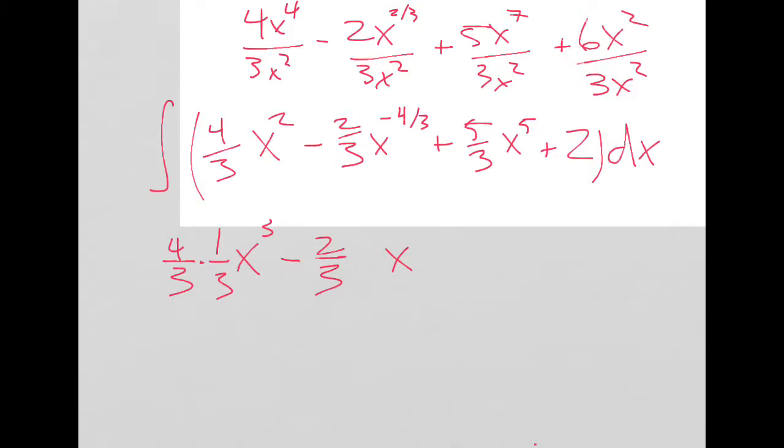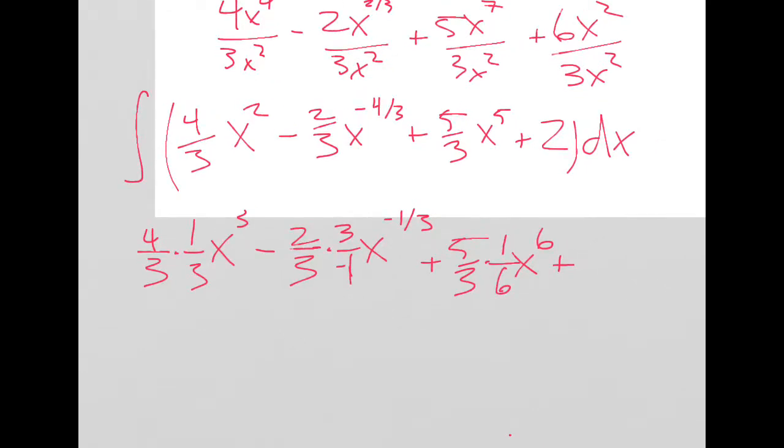I need to add 1 to negative 4/3, so I get negative 1/3. I need to divide by negative 1/3, which is multiplying by 3 over negative 1. And then plus 5/3, x to the 5th becomes x to the 6th, and I need to divide by 6, which is multiplying by 1 over 6, plus 2 gets an x, and we have our plus c.